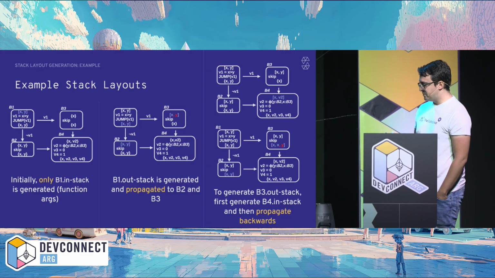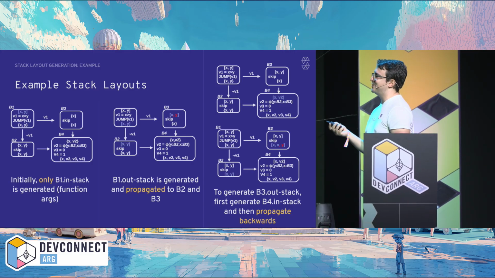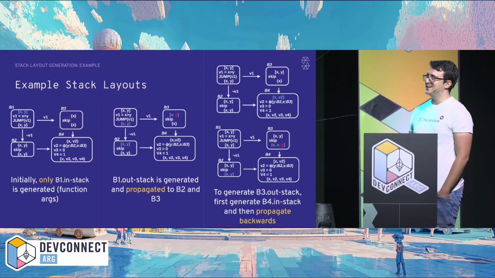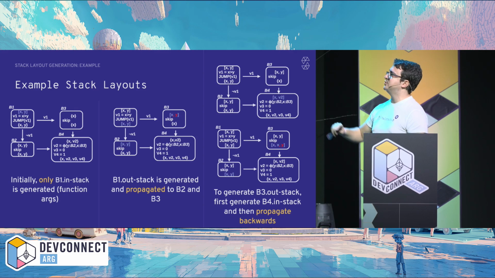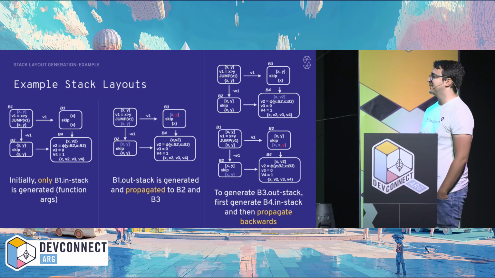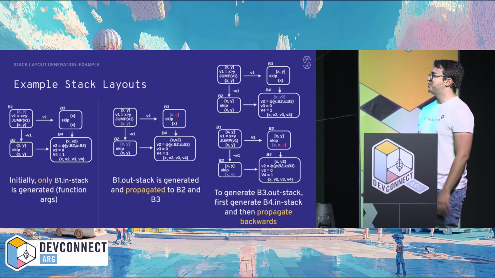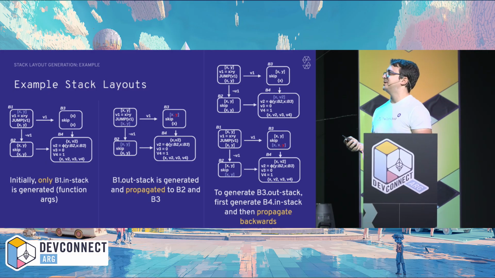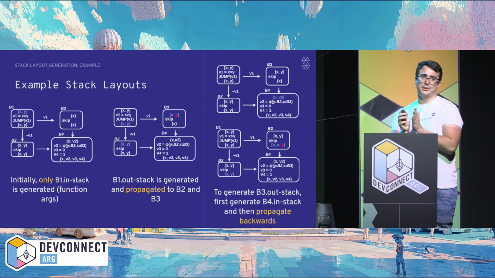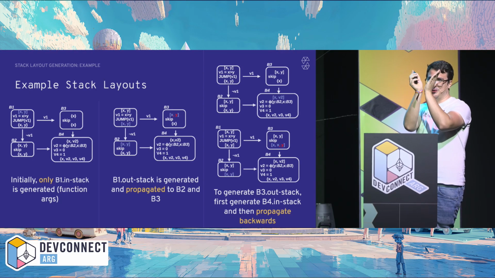The trick here, or the point of using SSA, is that SSA makes it easier to decide how to propagate these stacks. And we see it when we want to generate the out stack of B3. In this case, I have two blocks that jump into the same one, so I have to ensure that their out stacks are compatible with each other, because they are joined together.